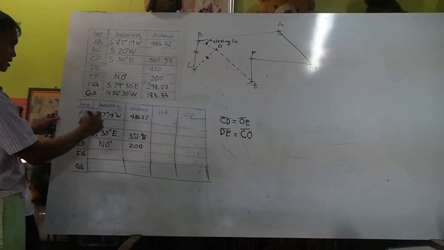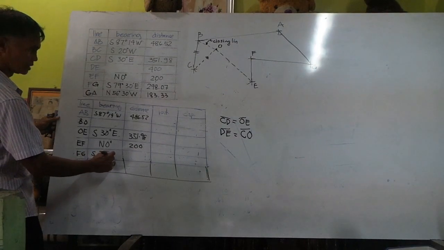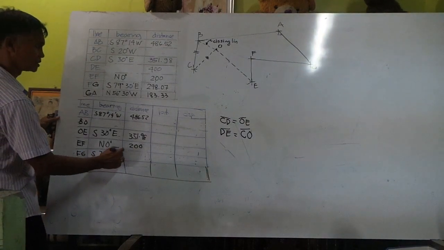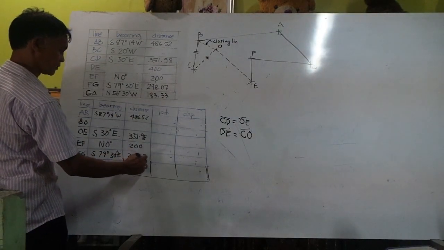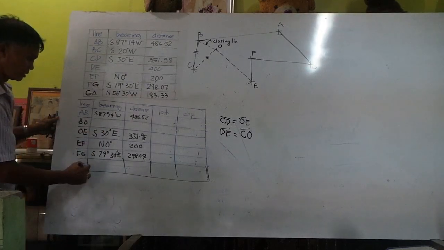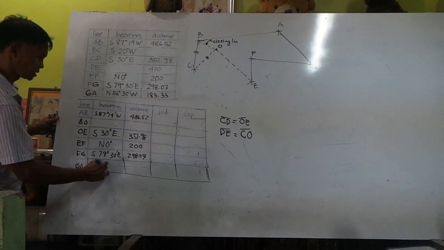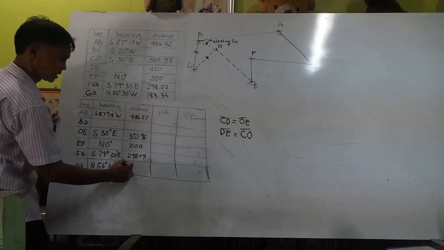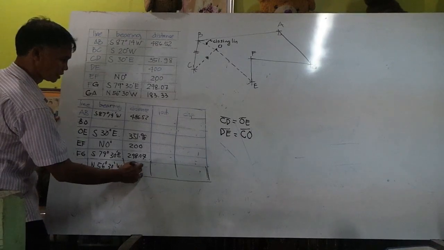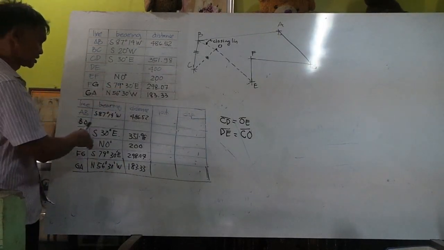Then FG, south, 79 degrees, 30 minutes east, then 298.07. Then your GE is north, 56 degrees and 30 minutes west, then 183.33. So this is the data of your traverse.